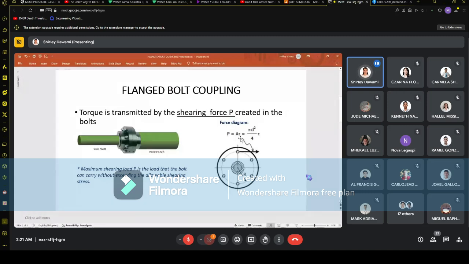Okay? So that becomes pi d square over 4, because the bolt is circular, times the maximum allowable shearing stress. Okay. So here, remember, maximum shearing load P is the load that the bolt can carry without exceeding the allowable shearing stress.